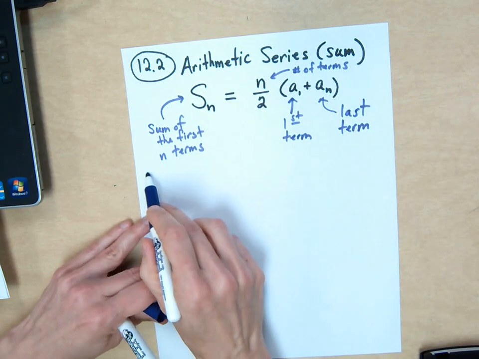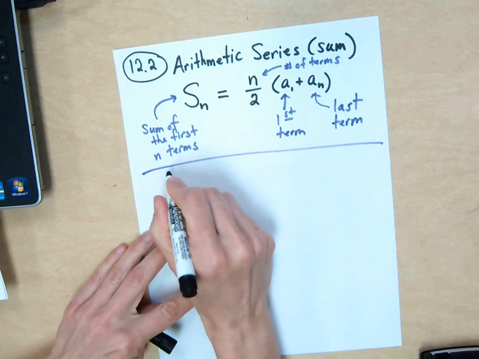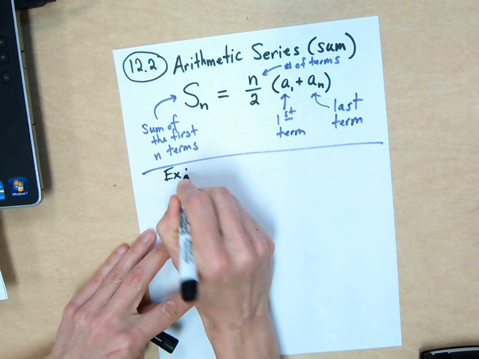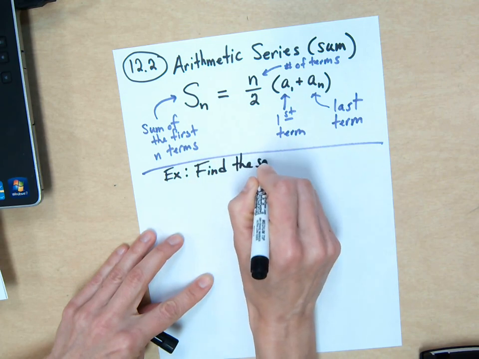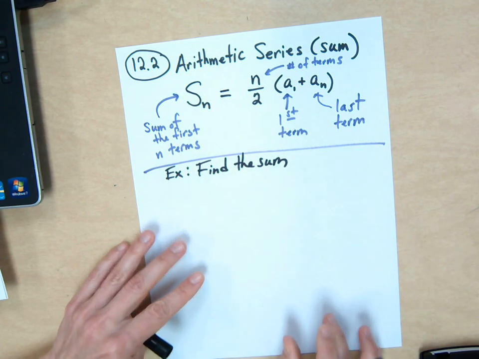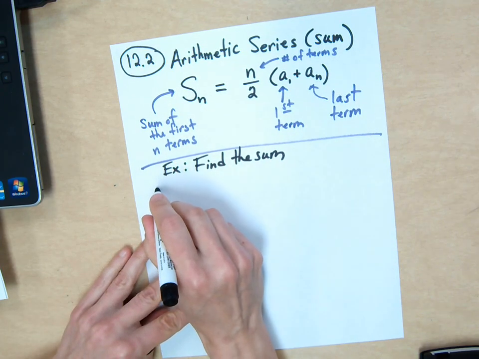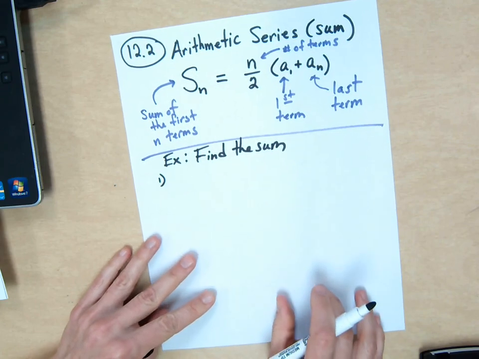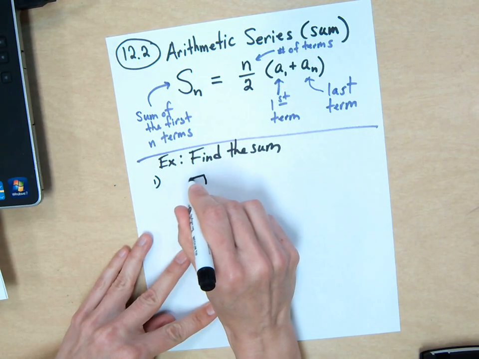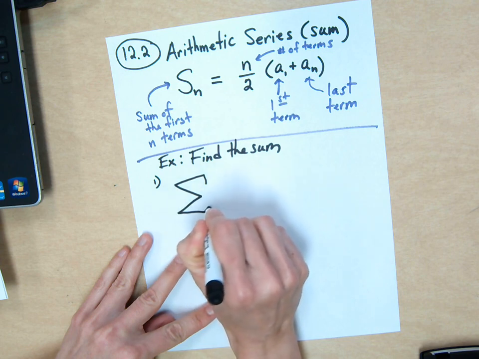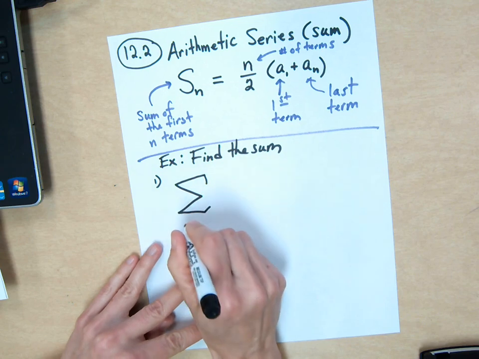So let me show you how easy this is to use. We'll do 3 examples. They will all say, find the sum. And you'll see this cool sigma notation that looks like this. Sigma or summation notation. So you'll just see this symbol, and you'll see the index.